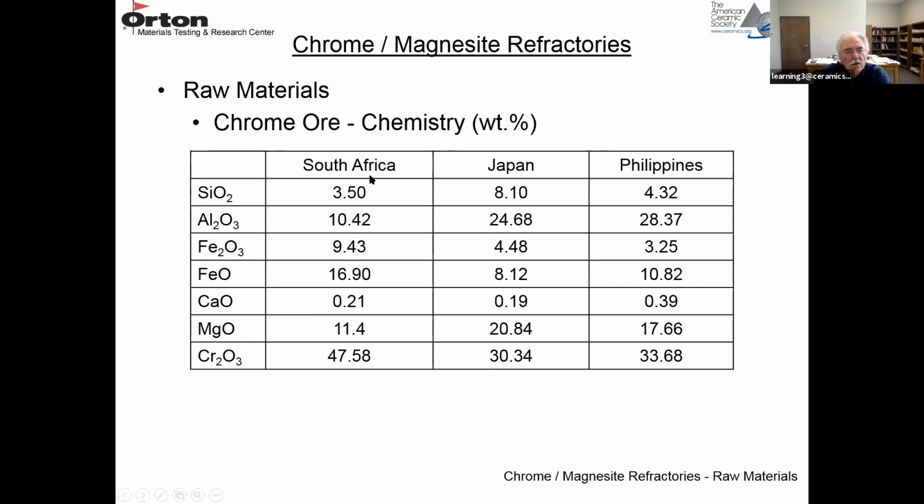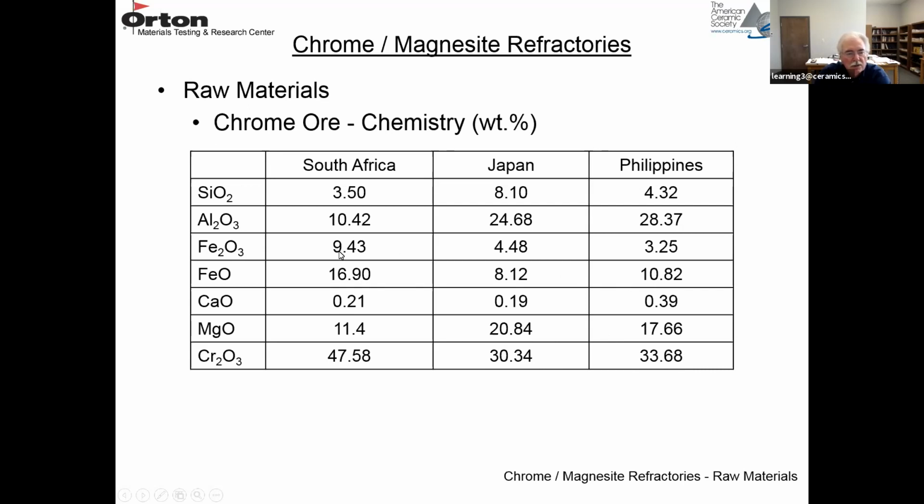Here are 3 chrome ores, one from South Africa, one from Japan, and one from the Philippines. The chrome content, Cr2O3, is about 48% here, 30% here, and 33% here. You can see there's quite a bit of MgO, 11, about 21, and about 17%. The FeO is high, about 17, 8, and 11.